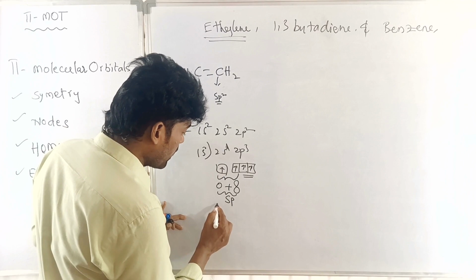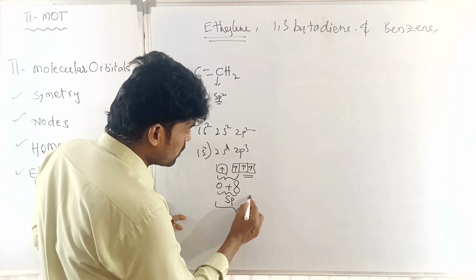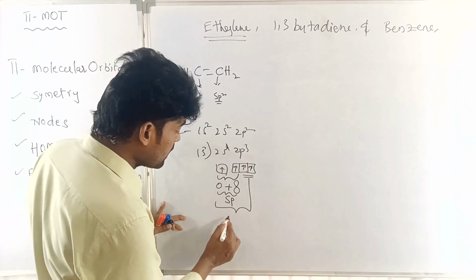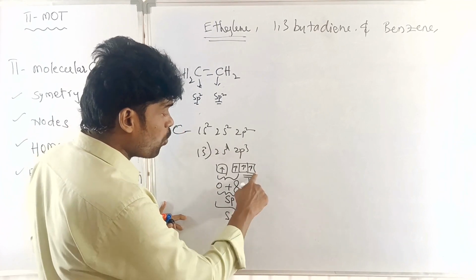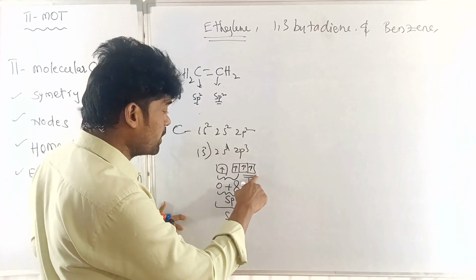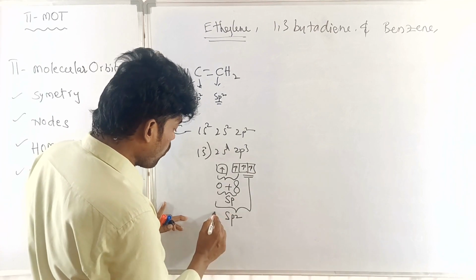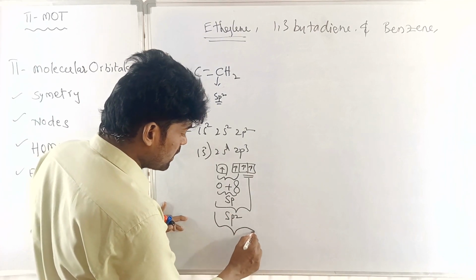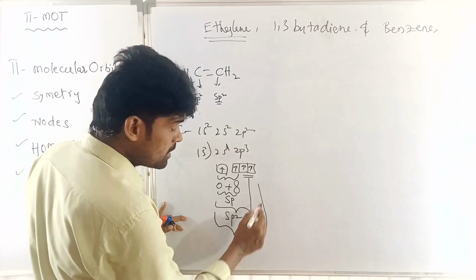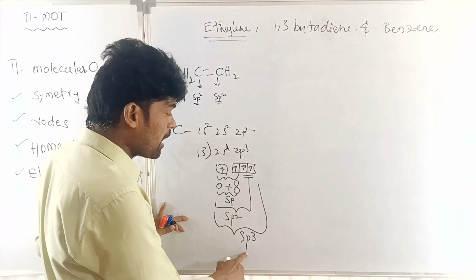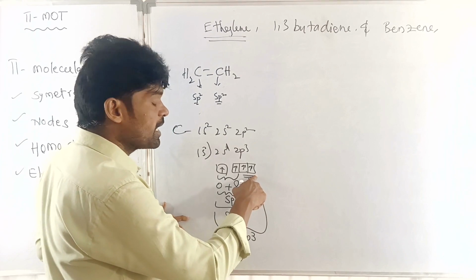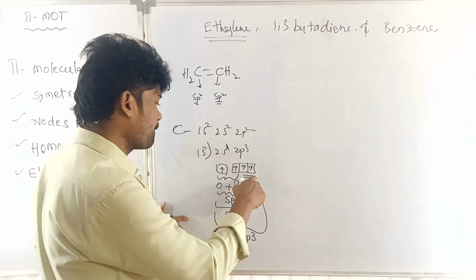Then, if one s orbital intermixes with two p orbitals, that is called sp2, 1s and 2p orbitals. In this case, one unhybridized orbital will be there. If one s orbital intermixes with three p orbitals, then that is called sp3 hybridization. In this sp3 hybridization, you cannot find any unhybridized orbitals.